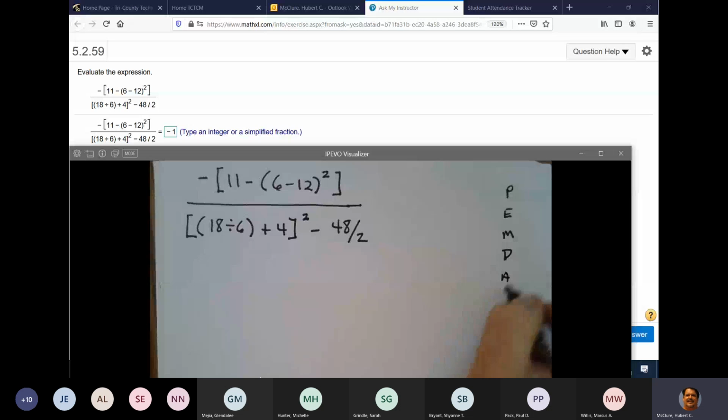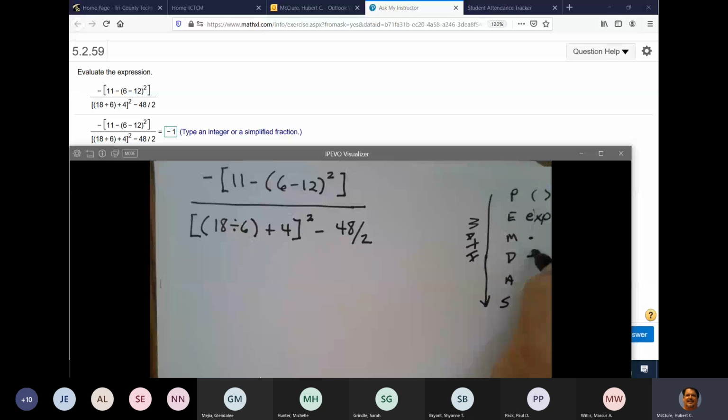But I'm not going to worry about algebra because we're not in algebra yet. Let's see these first: multiplication, division, addition, and subtraction in that order. Now, I'm going to deal with numerator and then denominator. I'm not going to do it all at one time.